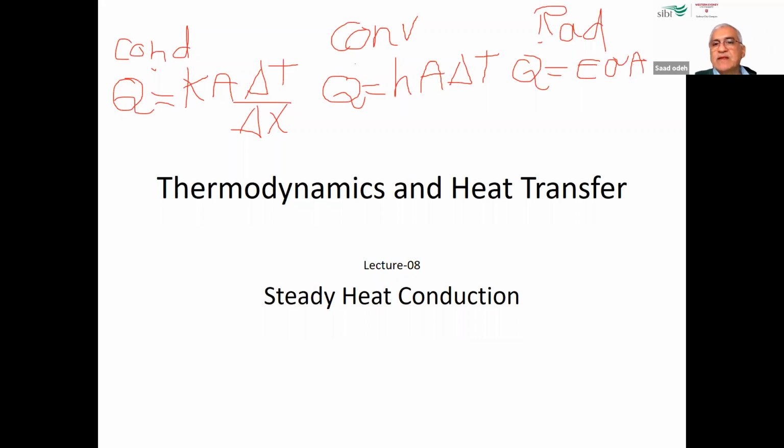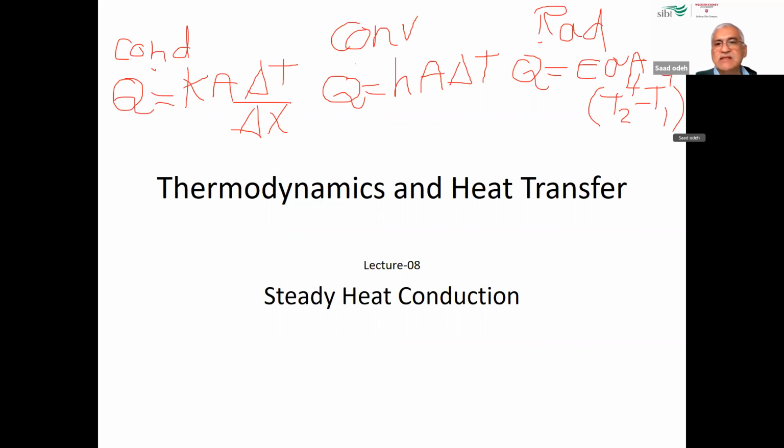But here in radiation, you need to remember this: the temperature is raised to the power 4. So we said times T2 to the power 4 minus T1 to the power 4.